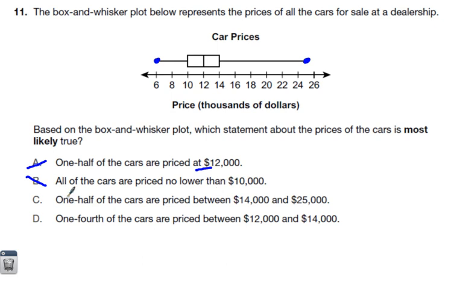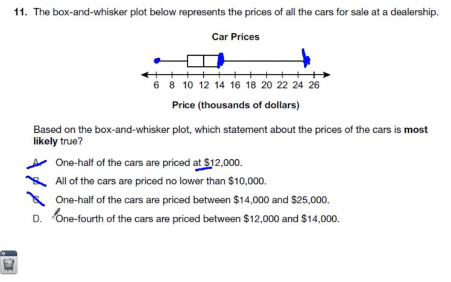Choice C, 1/2 of the cars are priced between 14 and 25. 1/2? No. With 14,000 being the upper median, aka upper quartile, aka third quartile, you could say that 1/4 of the cars are priced between the upper median and the highest one, but not 1/2.